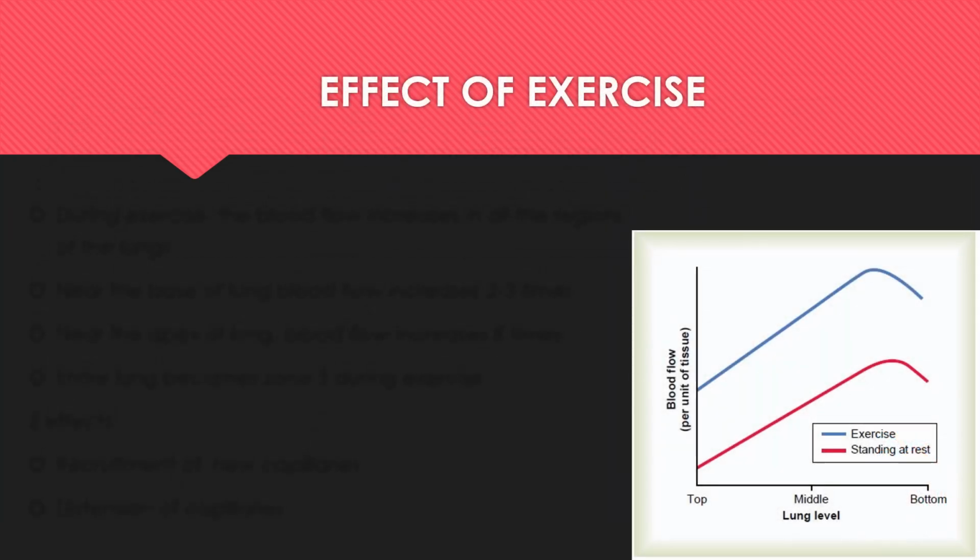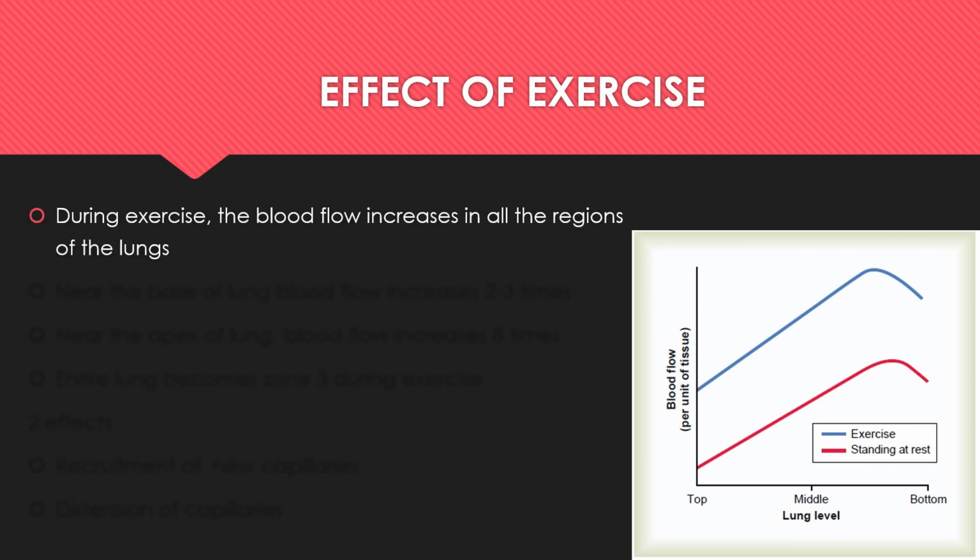Moving on to the effect of exercise. During exercise, the blood flow increases in all the regions of the lung. During heavy exercise, the pulmonary blood flow increases 4 to 7 times.